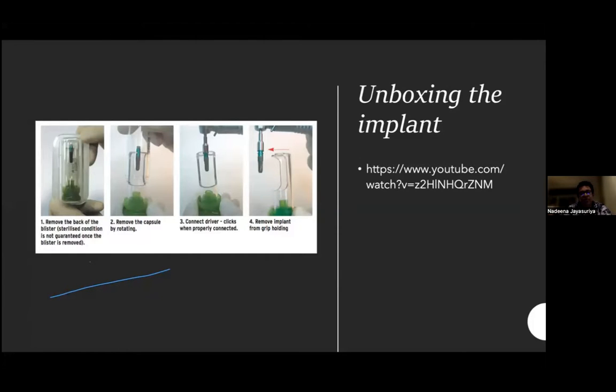And also, now there are a lot of YouTube videos where you can go and see how these implants work. Otherwise, believe me, if you don't know, you'll be struggling with how to use this implant, because each implant has different, simple technicalities that you need to know. Otherwise, in front of a patient, if you look confused and are trying to sort out how to do that, the patient is not going to be very happy.